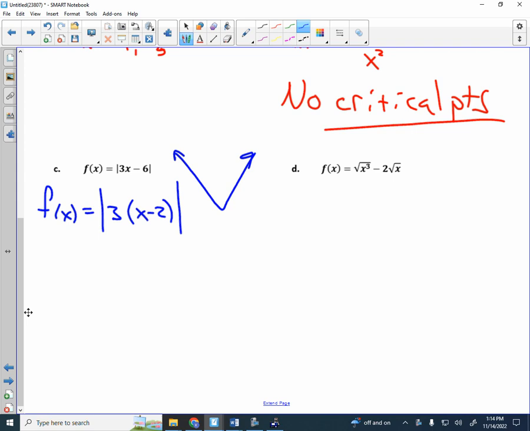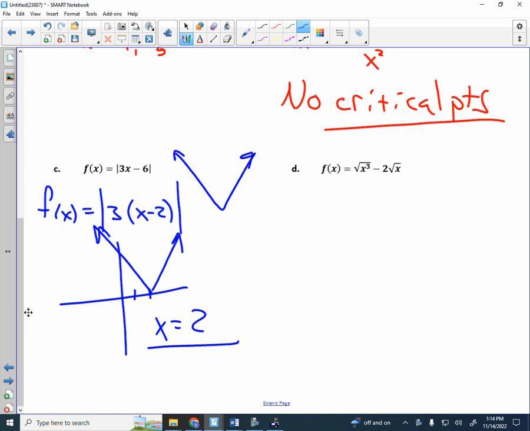Does everybody agree that this function is just shifted to the right 2 units? If I graph this shape, it would be right 2 units, and it would look like that. So for what x value is there a critical point? X equals 2. I didn't even try to find the derivative because the derivative does not exist for a corner. I just found out where the corner happened.